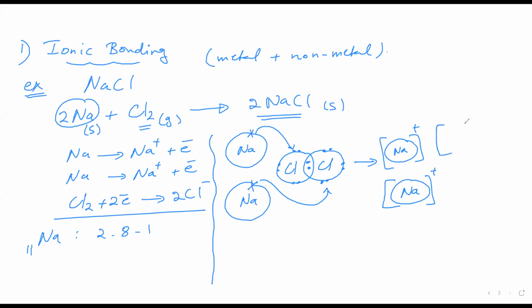But for chlorine, both atoms gained an electron from the sodium and formed the chloride ion. Each chlorine had 7 electrons at the beginning, and it gained an electron from the sodium atom to form the ionic compound, which is sodium chloride.